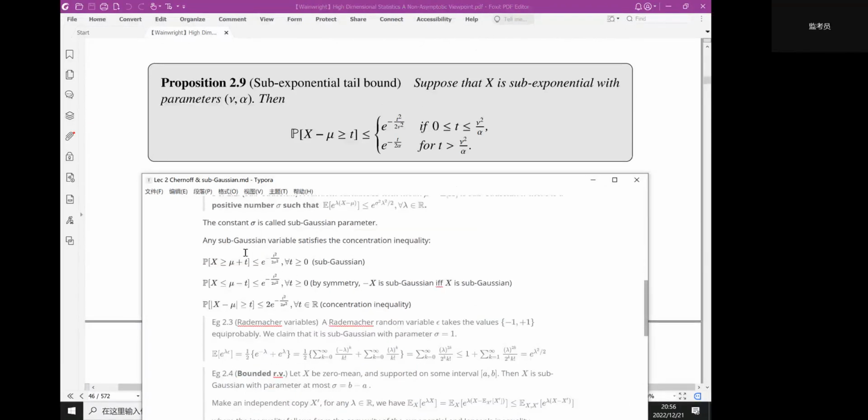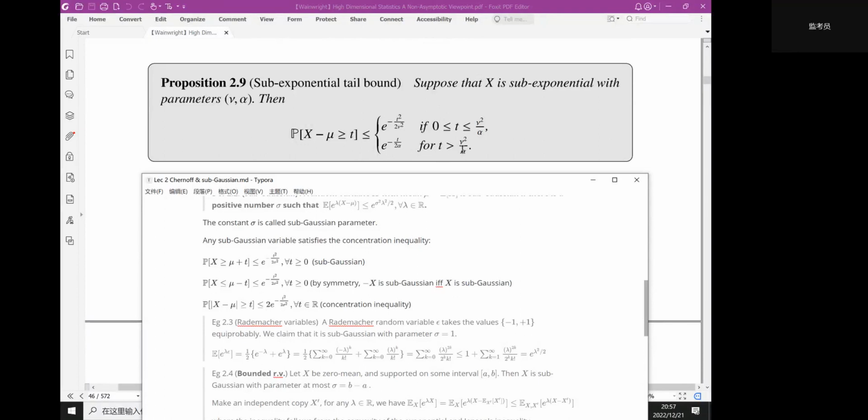We can compare this tail bound with that of sub-Gaussian. The sub-Gaussian one looks like here: the coefficient in the exponent of e is negative t squared over 2 sigma squared. And here it's like an if-else condition. When t is less than mu squared over alpha, it looks like the behavior of sub-Gaussian.